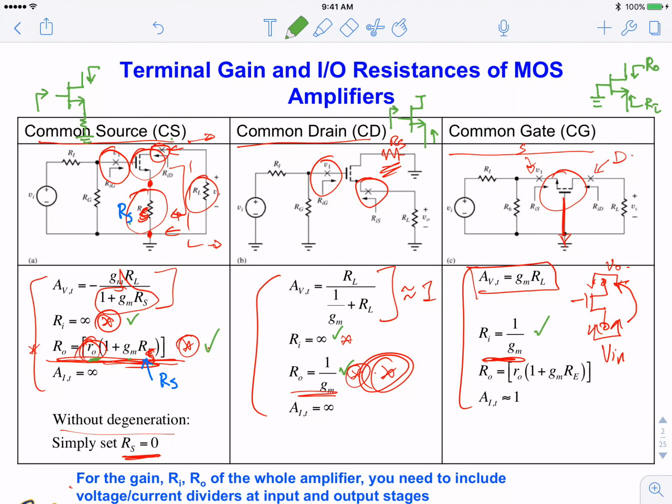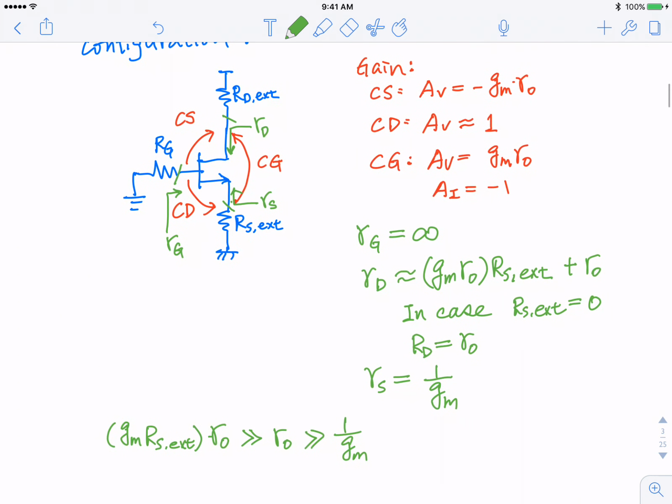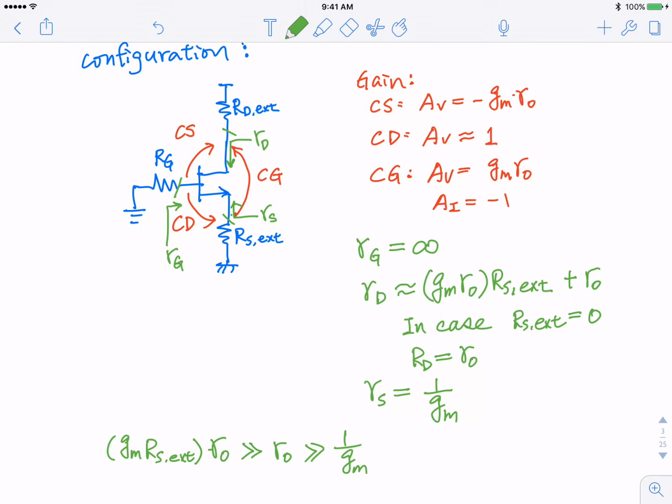Ro, you look into this, well, if I have a bias here, I have RE here, I forgot to correct this, I call this RE, but it's better to be called RS here. So this is R0 plus GM R0 times RS, so check. So basically, the input-output resistances all follow these very simple universal treatments. Okay.